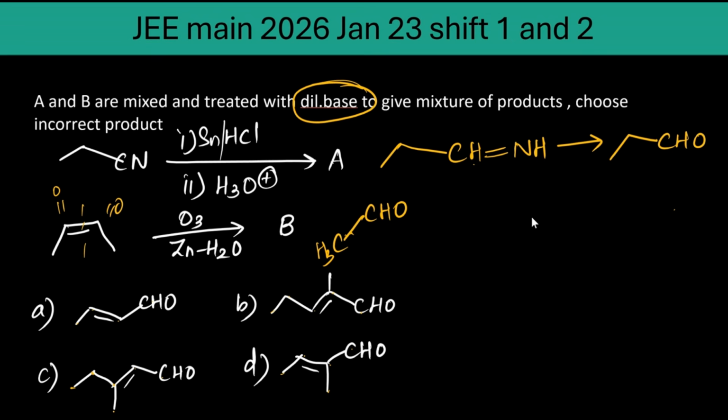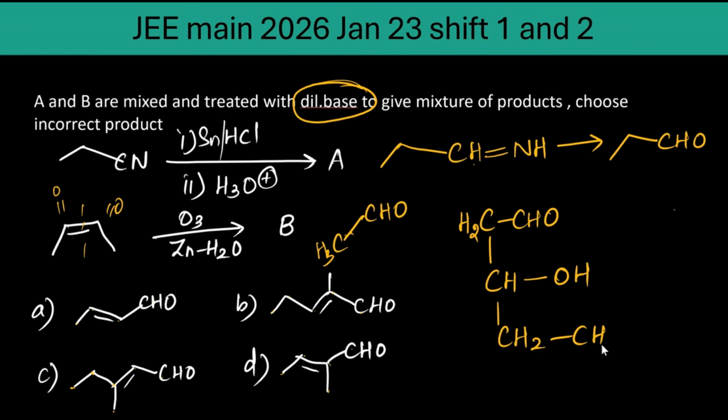aldehydes, right? So we can expect, first let's write CH2CHO as an enolate, so that the other one can be formed, and then on the other side of CHOH, CH2, CH3, and this will leave as water to form a double bond over here, right?